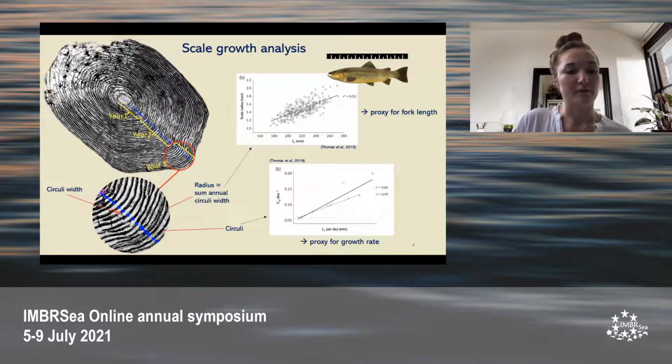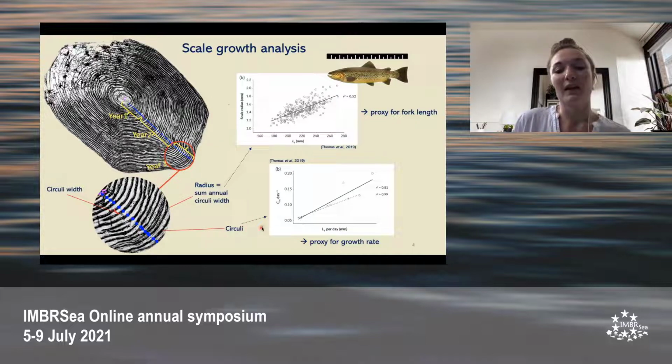First of all, we have circuli width, which is the white spacing between those dark growth rings, which are the circuli. Then I summed the circuli widths and got radius. As you can see, radius is in a linear relationship with fish length, so it has been used in multiple studies as a proxy for fork length and fish length, which I did as well.